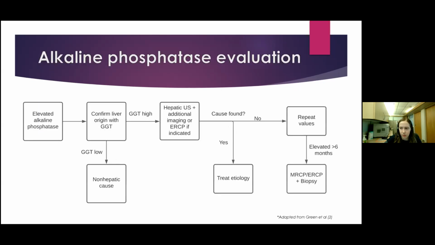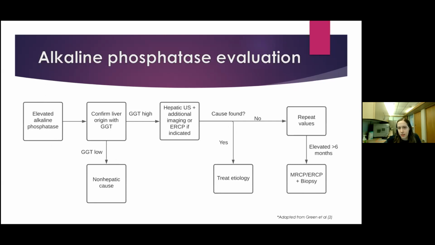And so we'll go through a framework that I created for alk phos elevations, which, again, is adapted, but I put this into a flow chart so that it's a little bit easier to read. So if you start with this elevated alk phos, the first step you want to do initially is determining whether this is truly of hepatic origin or not. And that's most easily done by looking at the GGT.